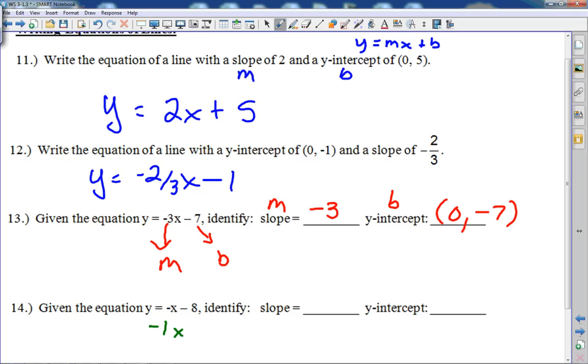This is the same as negative 1x minus 8. There's my m. Here's my b. M is my slope, negative 1. B is my y-intercept, 0, negative 8. Do you notice in the slope right here, though, I did not write negative 3x or negative 1x. It is only the number. The x is the variable.